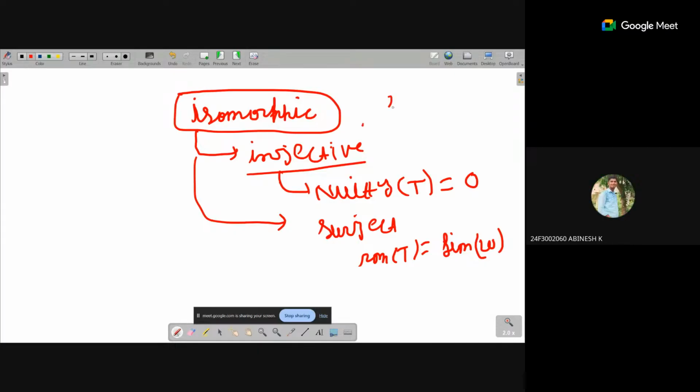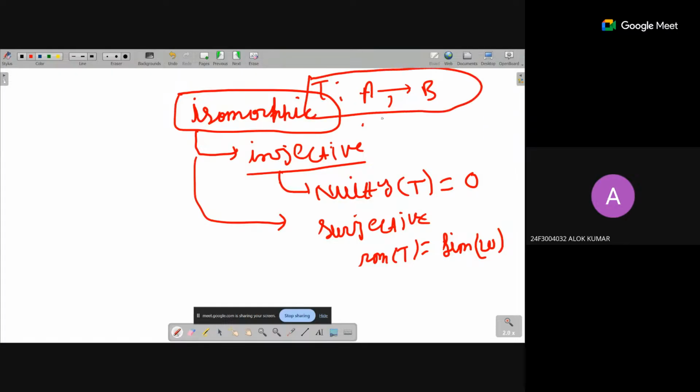Sir, the dimension of the codomain is n only, no? No, it depends on the question. Like n is a variable. Suppose there is a transformation from A to B, where A is a vector space and B is also a vector space.